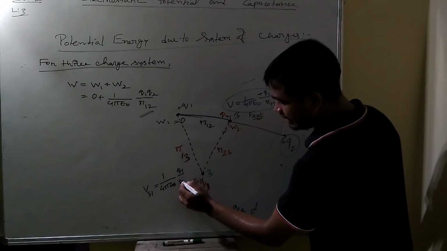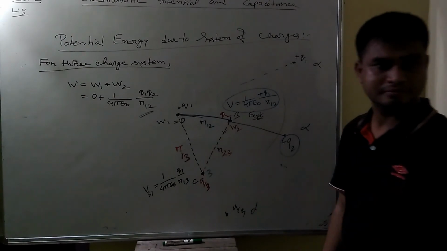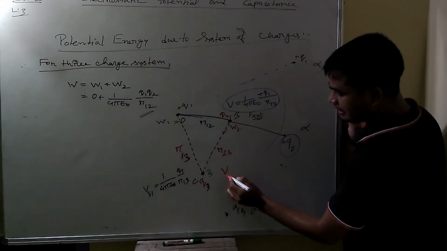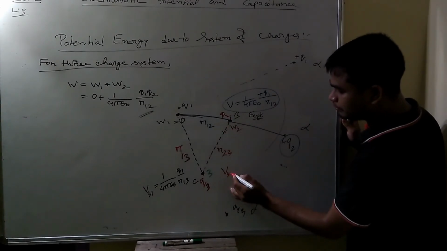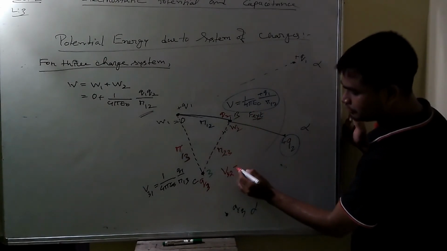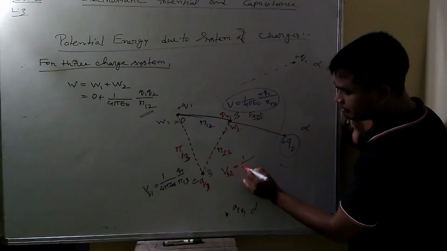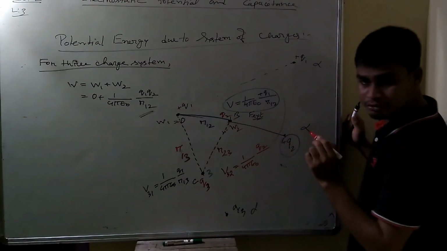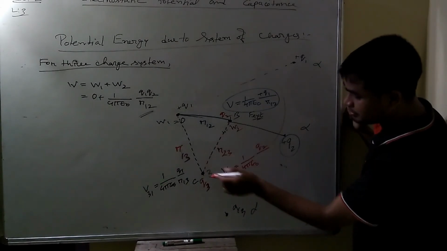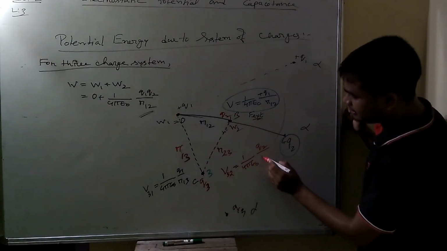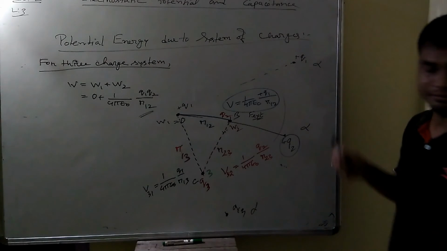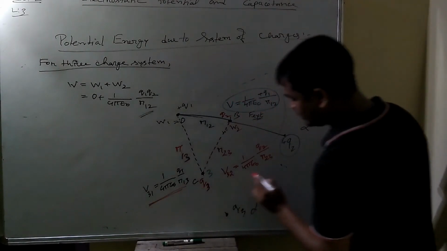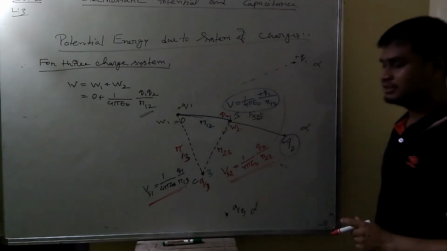Similarly, the potential at 3 due to point charge Q2 is V32, equal to 1 by 4 pi epsilon naught, Q2 by R23. So V31 is this, V32 is this.